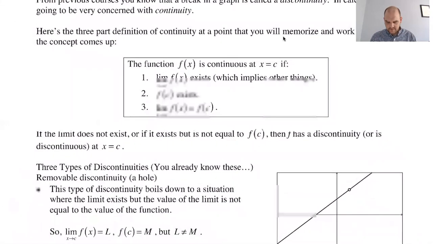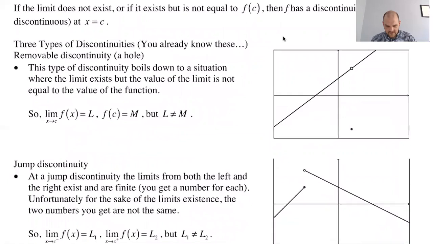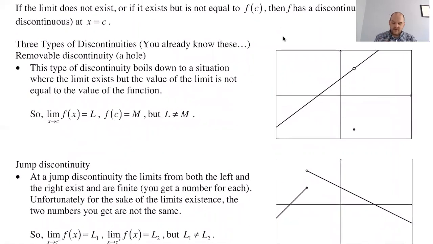So with that in mind, if the limit doesn't exist, or the function doesn't exist, or they both exist but they're not equal, then you have some kind of discontinuity. We need to know the exact names and definitions of each of those. The first one is a removable discontinuity, which you probably have been referring to as a hole for most of your life.